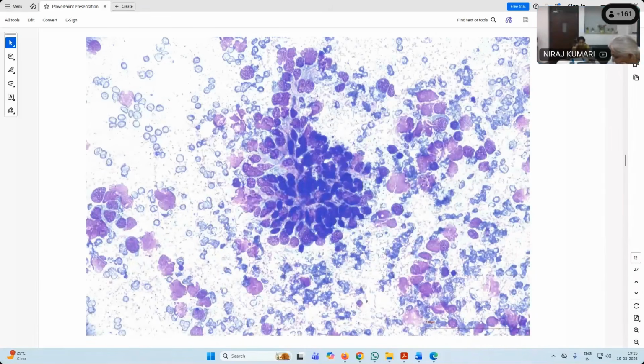So what can be the usual finding if you want to say something as Wilms tumor? What is your expected cytological findings? Dr. Dakshayani? Ma'am, first we need to see the population of cells: blastemal cells, epithelial cells, and stromal cells.